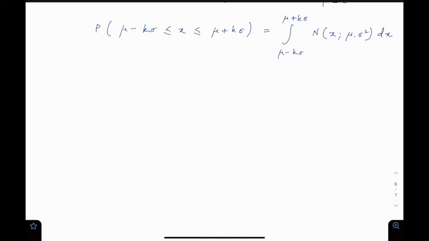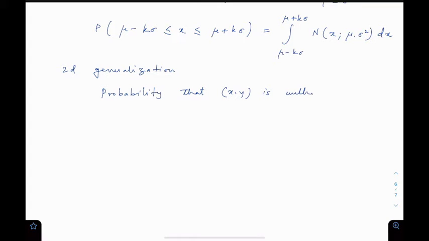In 2 dimensions, the 2D generalization is the probability that the point x comma y is within the ellipse corresponding to k standard deviations.